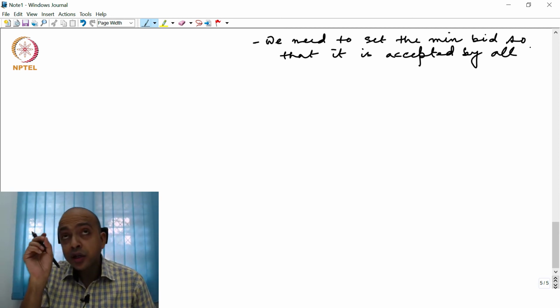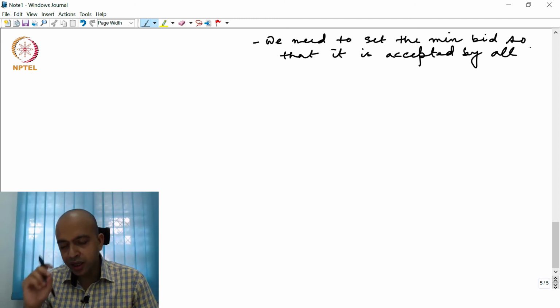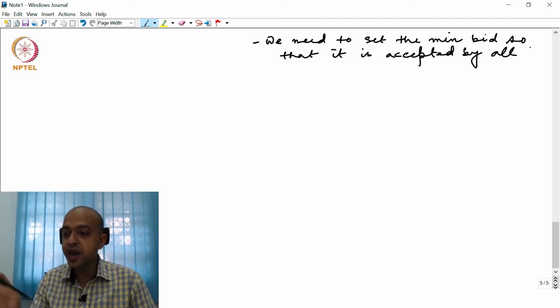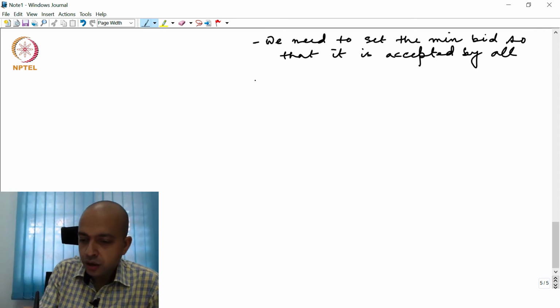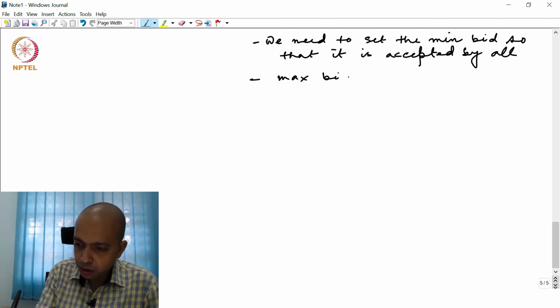Okay, so when you are carefully selecting the bid, we need to select first the minimum bid amount, and the minimum bid amount should be selected in such a way that it is accepted by all the respondents in that sample.